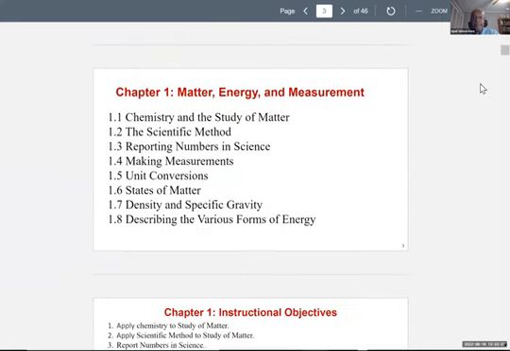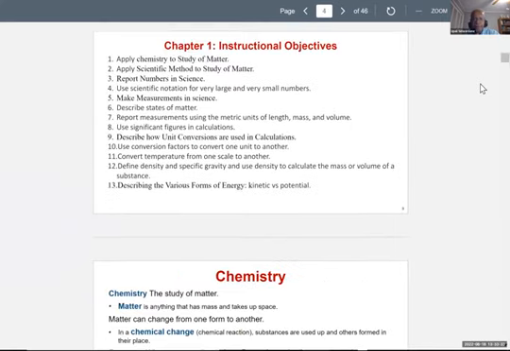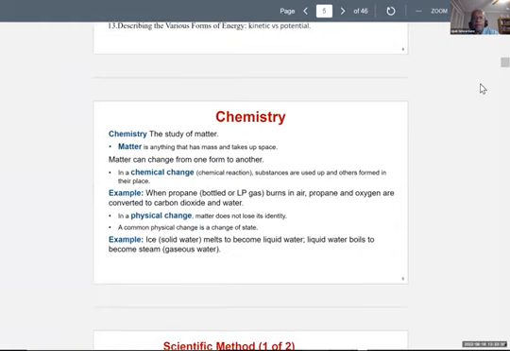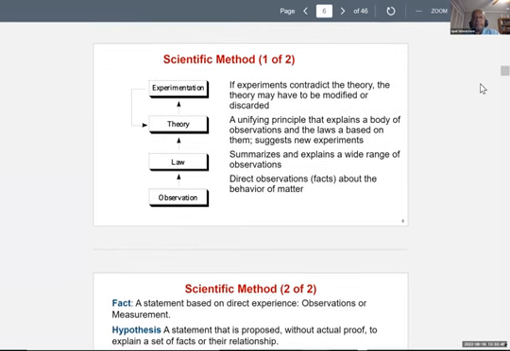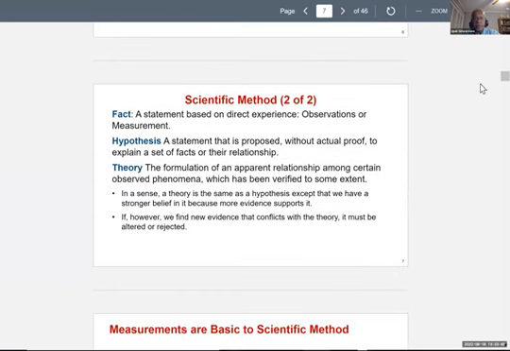We talked about the introduction to Chapter 1 and chemistry, how we study matter, chemical changes and physical changes, and the scientific method.